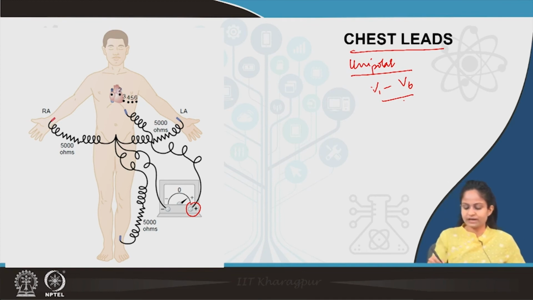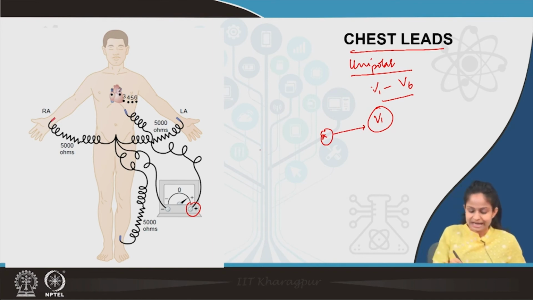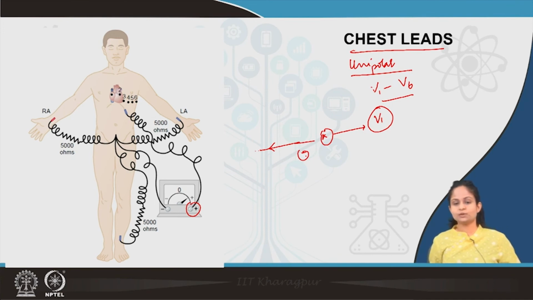For example, if I want to record the potential difference across the V1 chest lead, I will connect the positive terminal of the voltmeter to V1, and the negative terminal of the voltmeter will be connected to a terminal known as Wilson's terminal.